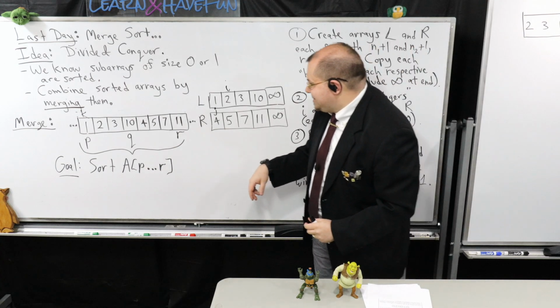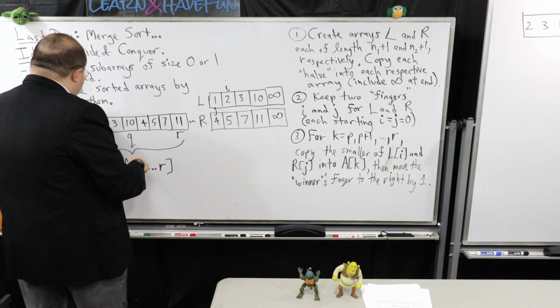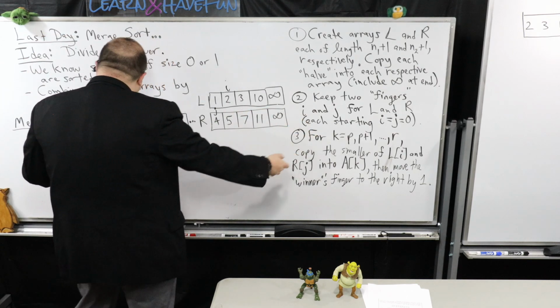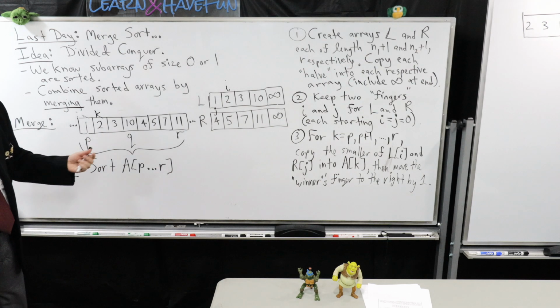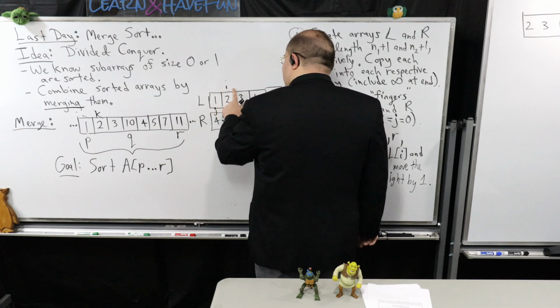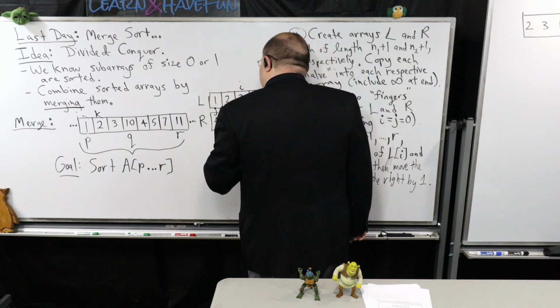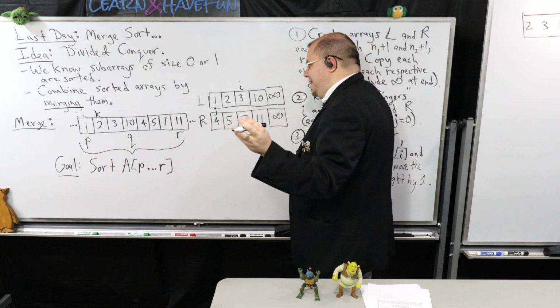So I'm going to copy this 2 into this position. Remember, I would increment K because I'm doing this in a for loop. I would copy over the 2, but notice there's a 2 already here. It doesn't make any difference. I just copy it over. Now, since I've done that, I'm going to increment my finger. I have 3 versus 4. In this case, Team L wins again.